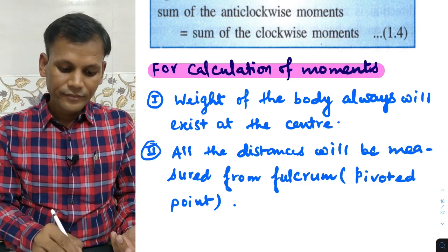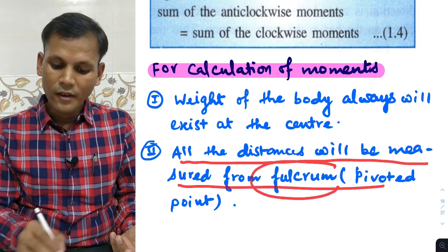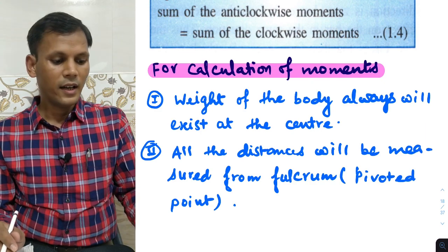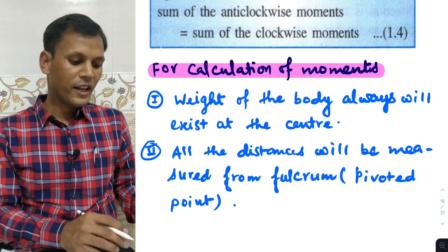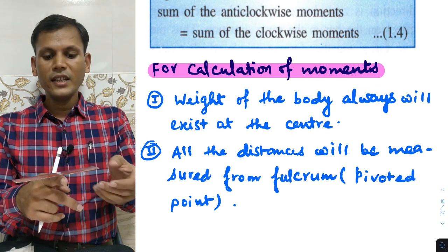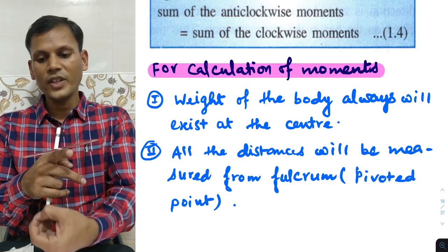Next, all the distances will be measured from the fulcrum, or balancing point. Like, if any body is balanced at this point, and we have attached two weights, one on this side, another on this side.